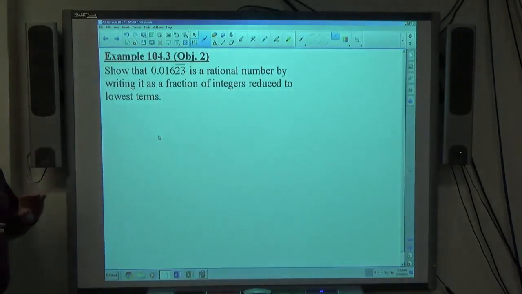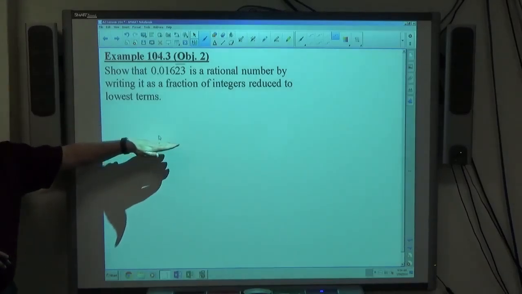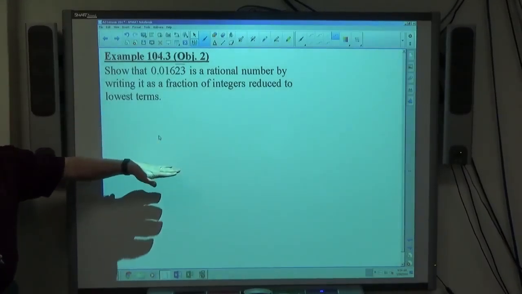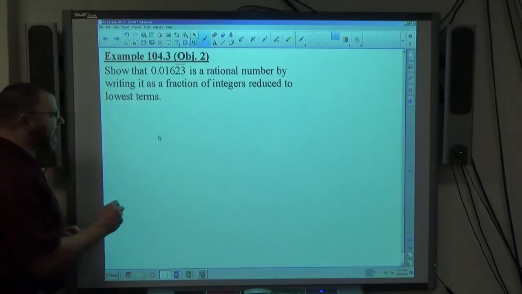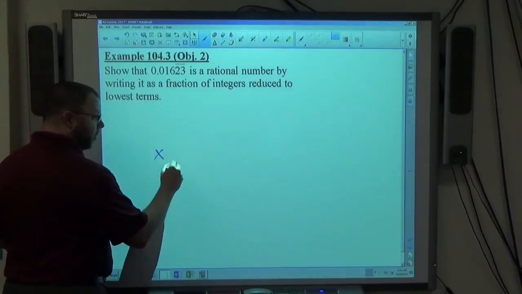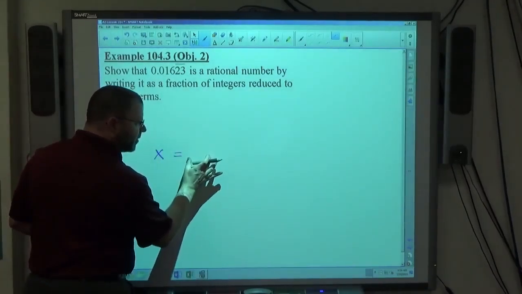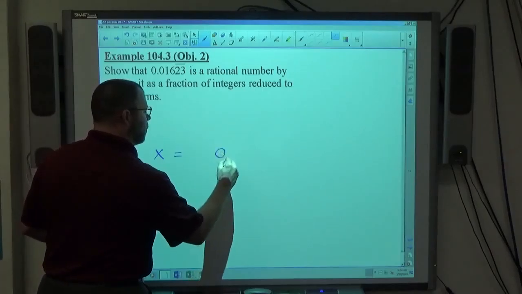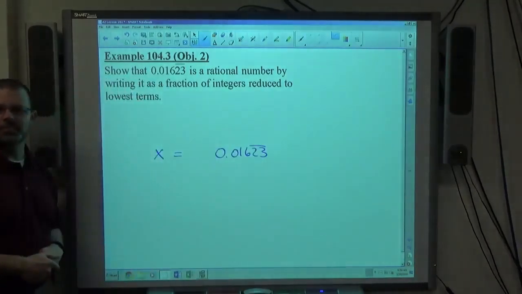Here's how it works. Number 1, pretend that you've written something on the line above what we're going to write. So pretend that there's something here, even though there isn't. Then I'm going to write x equals on the line below, and I'm going to leave a little bit of space, and I'm going to write 0.01623 repeating.